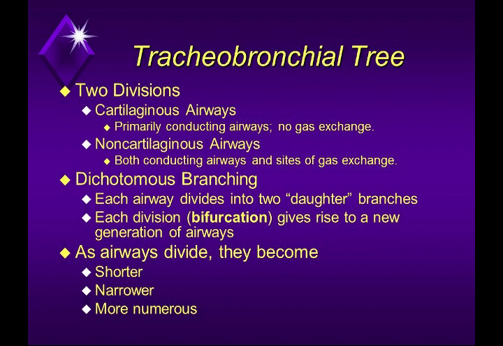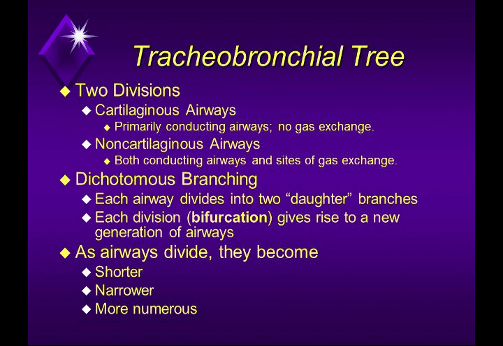As a tube branches, it branches into two daughter branches, which branch into two daughter branches, which branch into two daughter branches, and it keeps branching and branching as you go down. That division is what we call a bifurcation. So basically, each bifurcation creates another generation of airways.